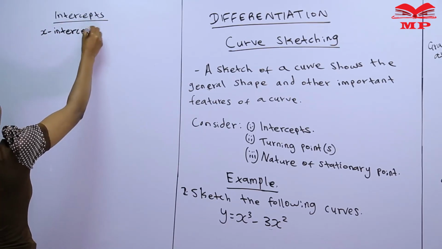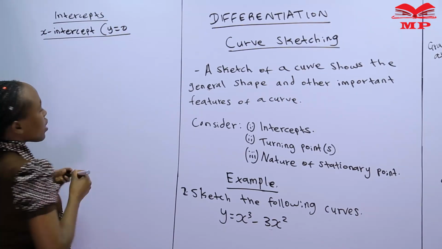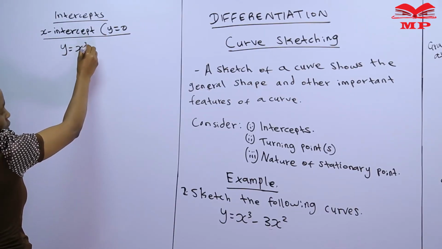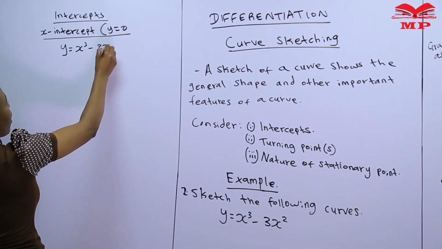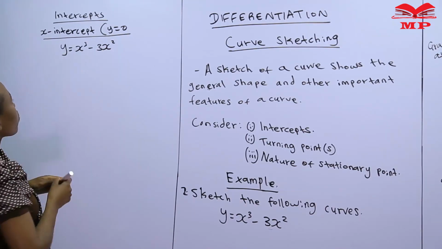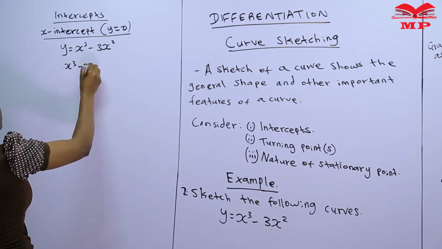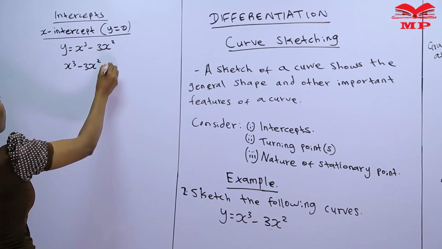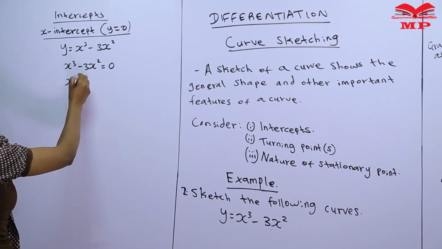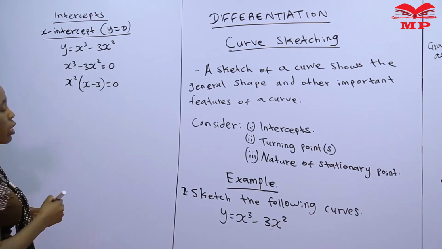For the x-intercept, we have seen that at this point y is equal to 0. So we take our equation y is equal to x cubed minus 3x squared and equate it to 0, because y is 0. Then we factor out the common factor, x squared, and have x minus 3 equal to 0.